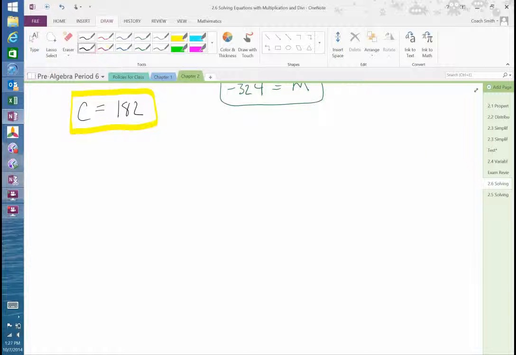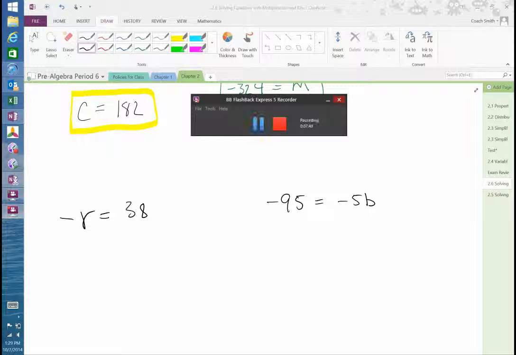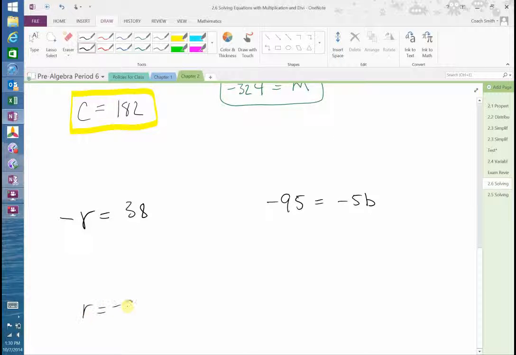Okay. Try these two. Negative R is equal to 38. And negative 95 is equal to negative 5b. Okay, Vivica, what did you get for the first one? Yes, R is equal to negative 38.